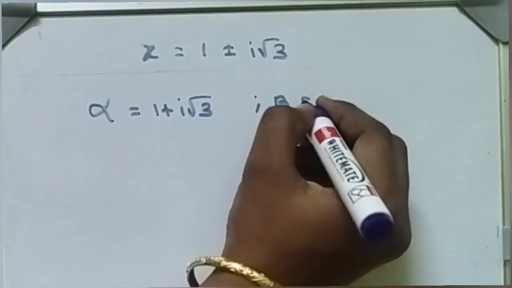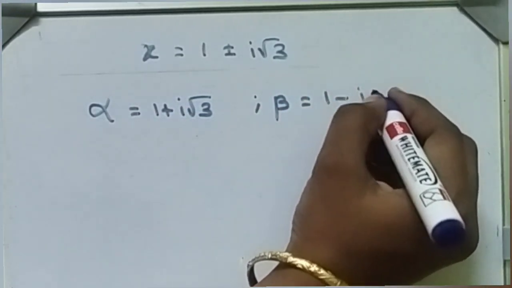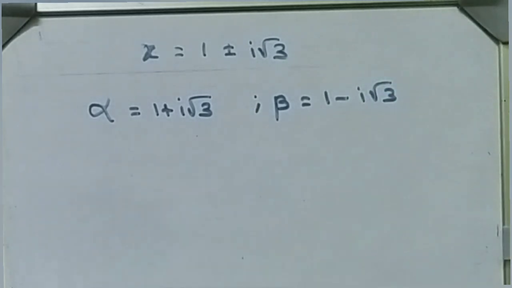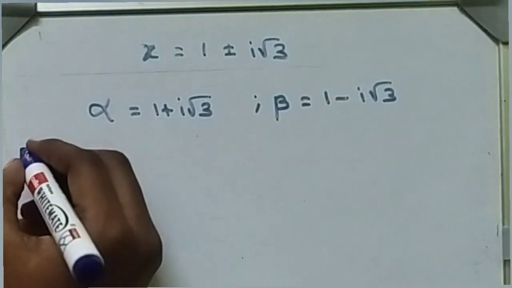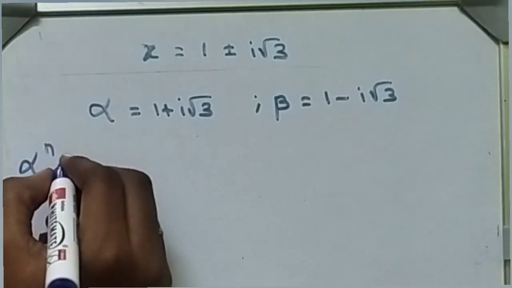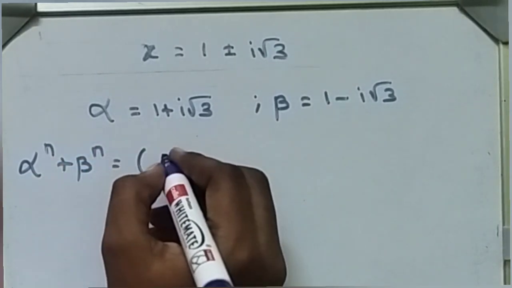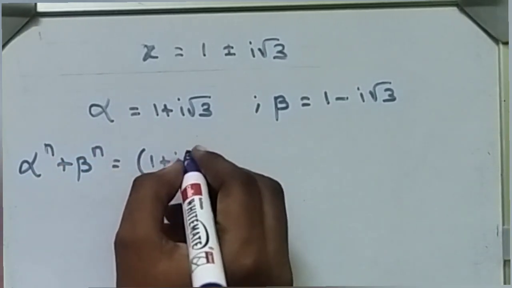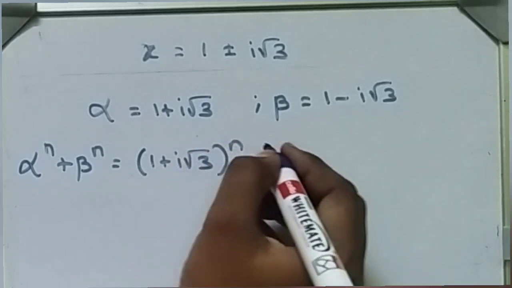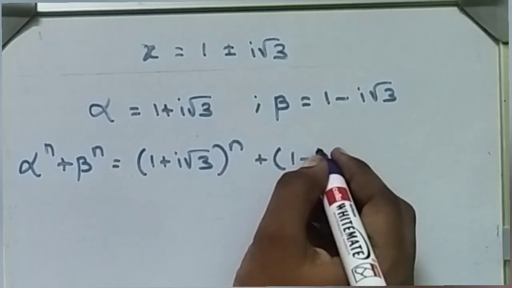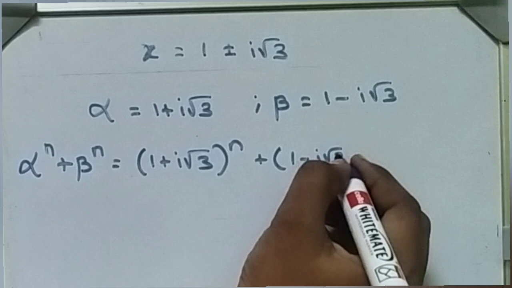Similarly, beta equals 1 minus i root 3. Right? Right. Now we are going to find alpha power n plus beta power n. So what is the value of alpha? It will be 1 plus i root 3 power n, plus 1 minus i root 3 power n.